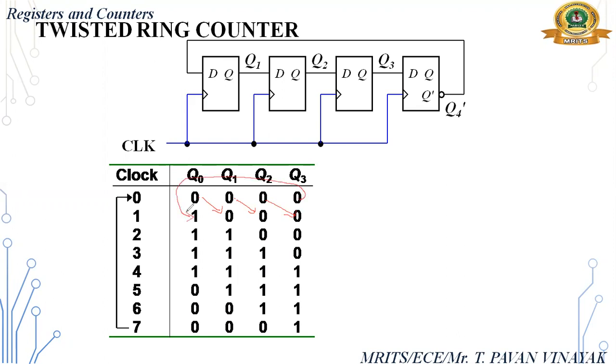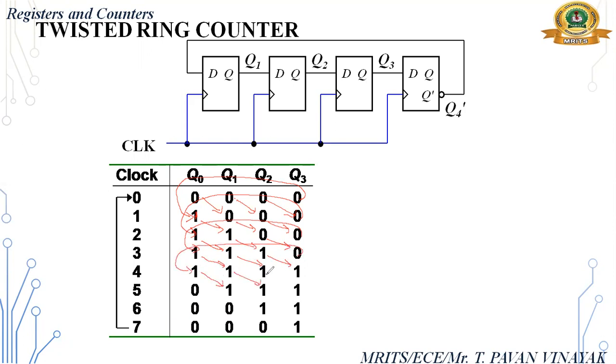Now the complement of this is 1. Next, the complement of this is 1. Again shifting, the complement of 0 is 1. Again shift, the complement of 0 is 1 now.